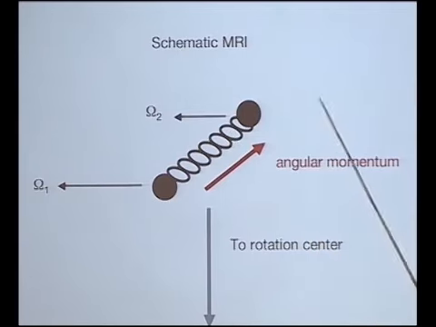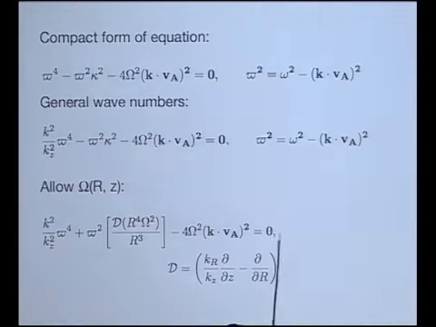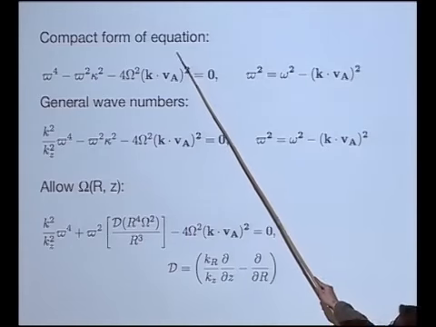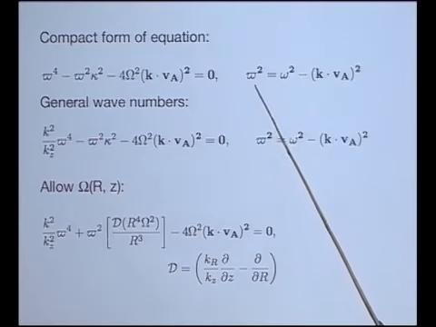I get a torque pulling back on this mass. It tends to drop to a lower orbit. On the other hand, I get a torque speeding this mass up. It acquires angular momentum and moves farther out, and so that initial disturbance gets larger. The fluid eventually mixes, and this has now been studied for many years. So it's that second term which is responsible for all the action.